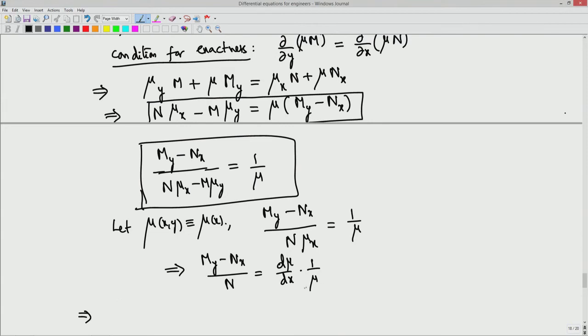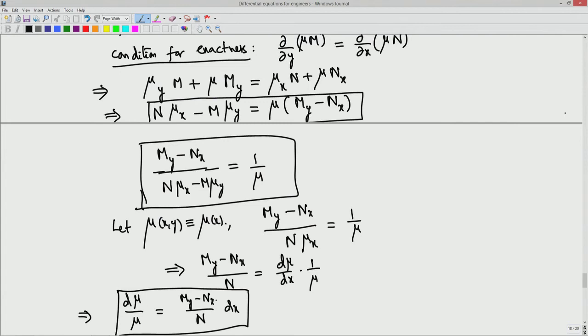I can arrange it as d mu by mu equal to (M_y minus N_x) by N into dx. If mu is a function of x which I multiply to the equation, and the equation becomes exact, then mu should satisfy this differential equation.